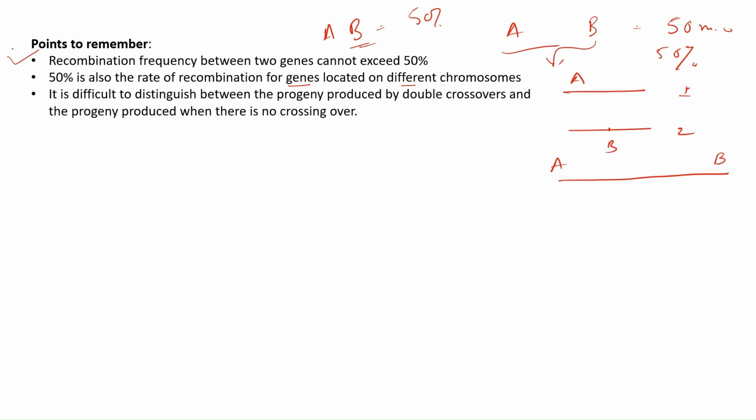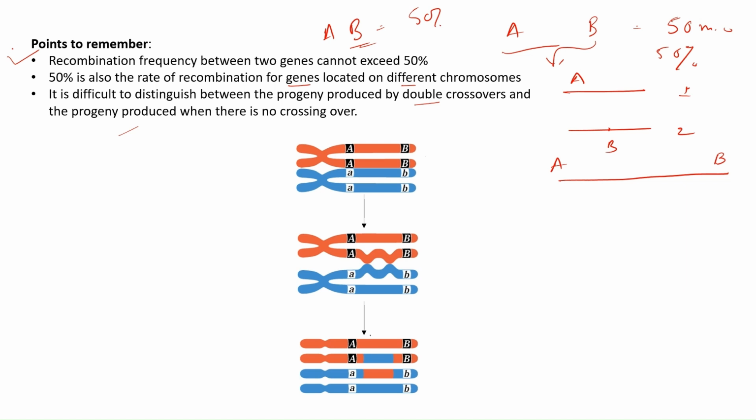Now it is difficult to distinguish between the progeny produced by double crossover and the progeny produced when there is no crossing over. How? This is one chromosome, this is the second homologous chromosome. Consider recombination between capital A, small a and capital B, small b. If it is a single crossover, how can we expect it?